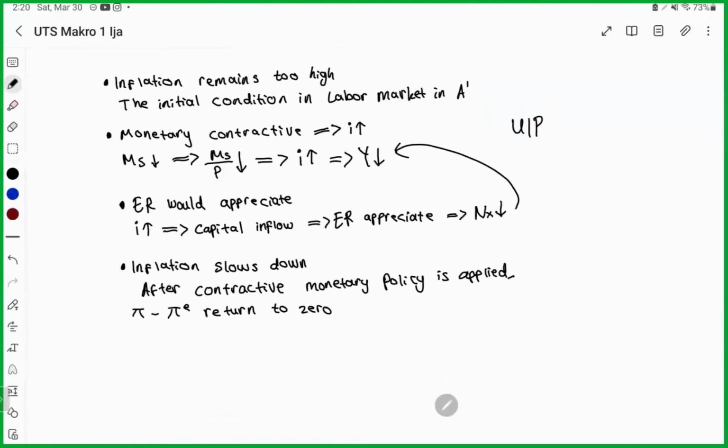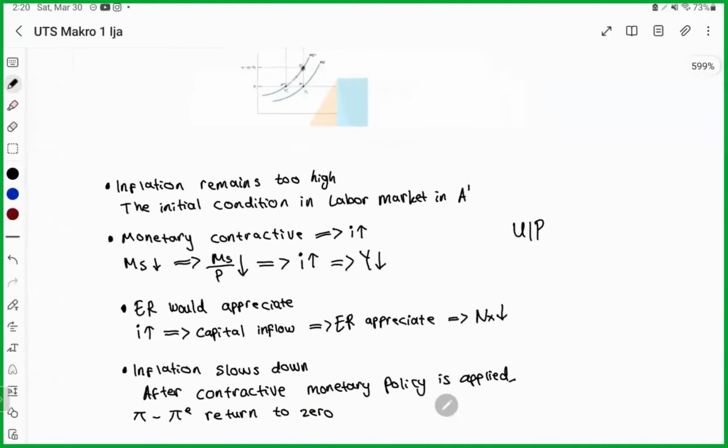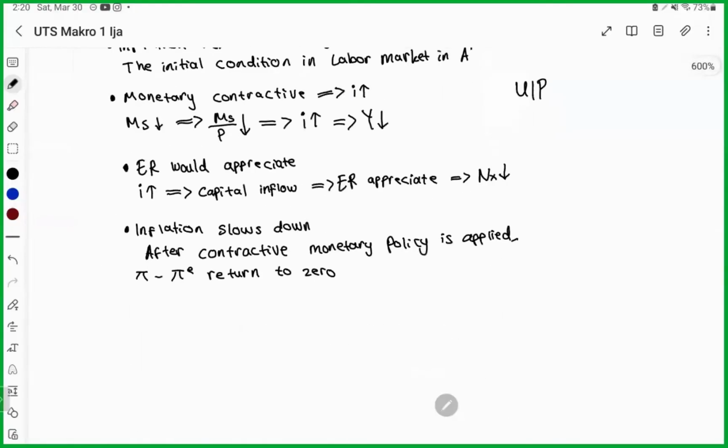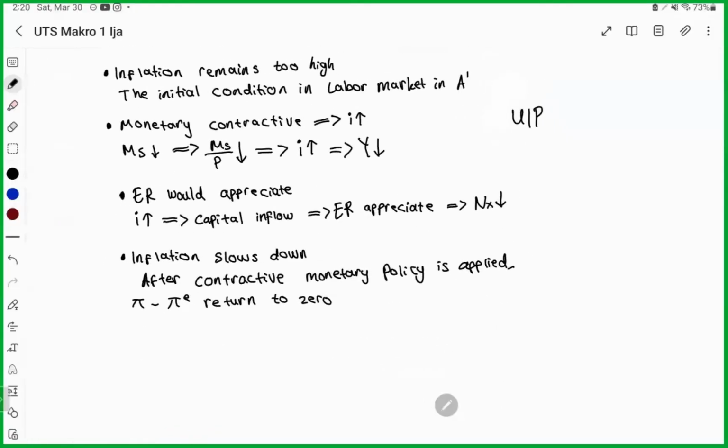All right. And then you could also elaborate on the labor market, because they do not ask you to explain the aggregate demand and aggregate supply. They only give you these three graphs of these four markets, so you just have to elaborate on this. Okay.